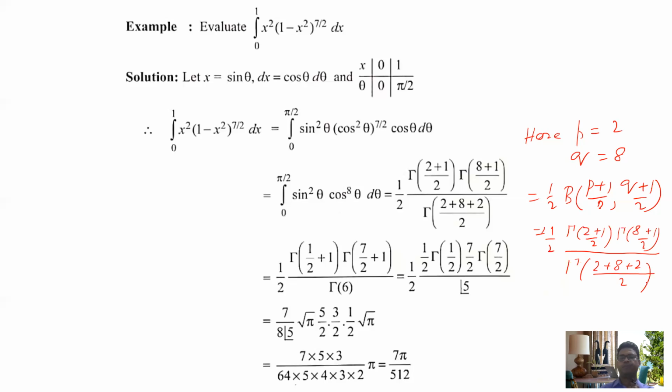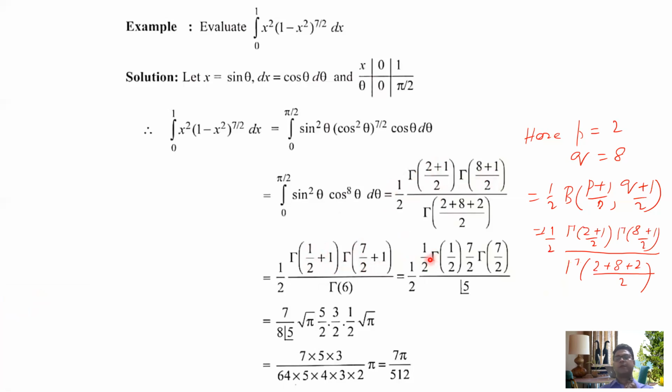That's all, formula wise. Okay, so you have half gamma 3 by 2 gamma 9 by 2 over gamma 6.